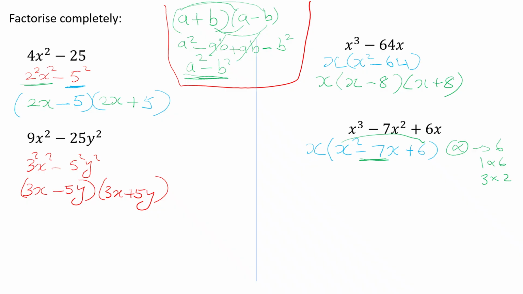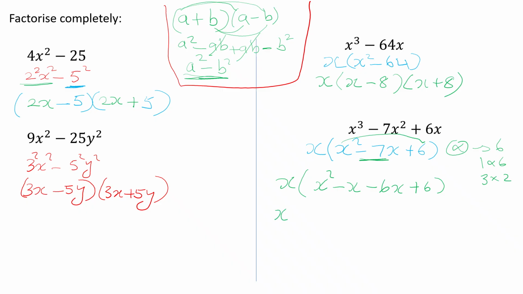So I'm going to write x, then x squared. If you add 6 and 1, you will get 7. So negative x, negative 6x plus 6.